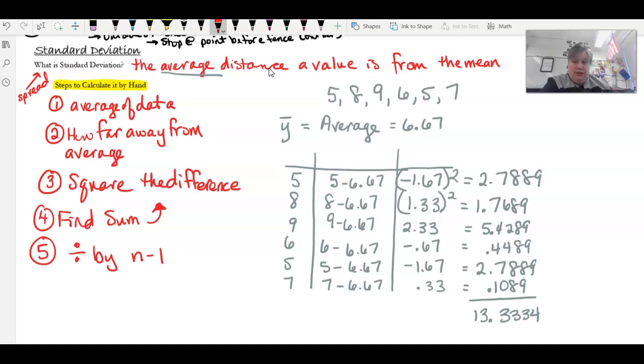So we're going to divide by 6 minus 1. So we're going to actually divide by 5.